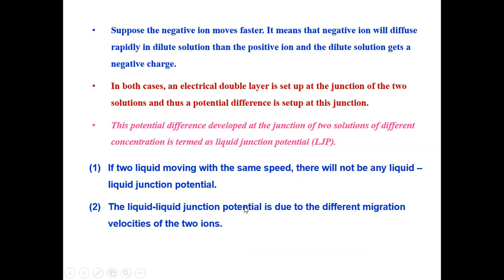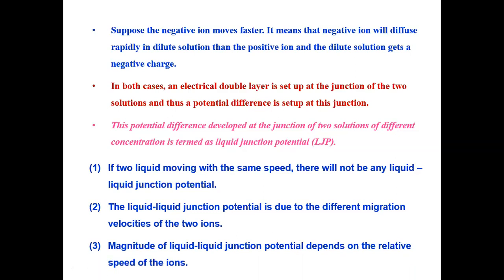The charge layer will be set up at the boundary of these two solutions, and hence there will be liquid junction potential. The magnitude of liquid junction potential depends upon the relative speeds of ions. The greater the difference in ionic mobility, the greater the magnitude of LJP. And ideally, we want this LJP to be minimized. Ideally, it should be zero.